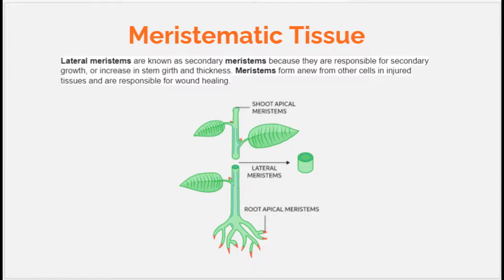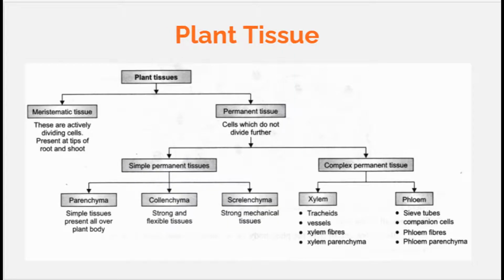In my upcoming video, I shall explain the remaining portion, that is the permanent tissue, its types, its definition and its function. I think today's class is okay for you, as I have explained with the help of the chart. For today, I think it is enough, because the terms are very tough to understand.